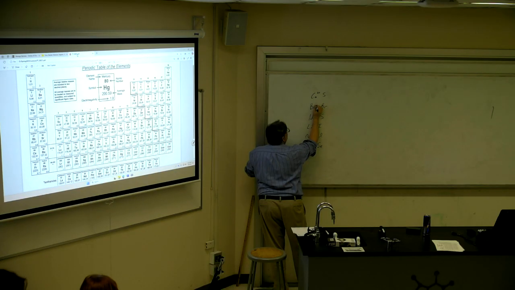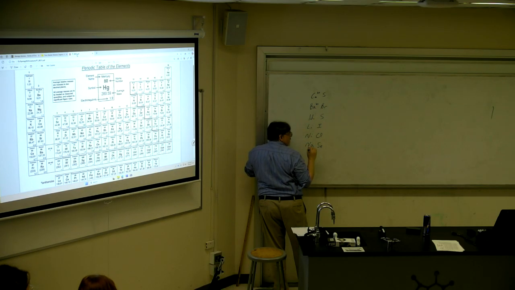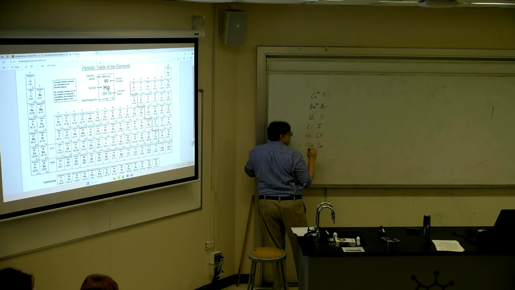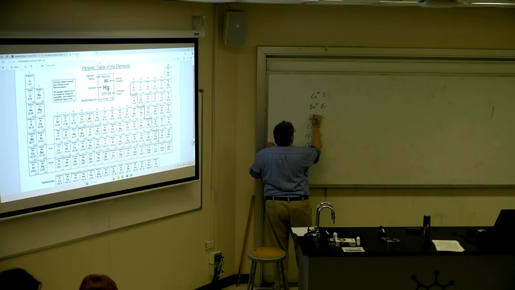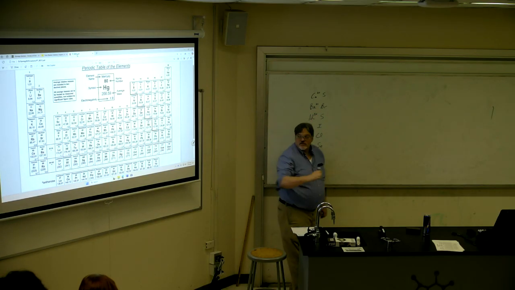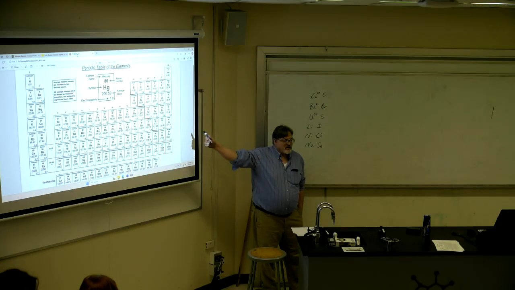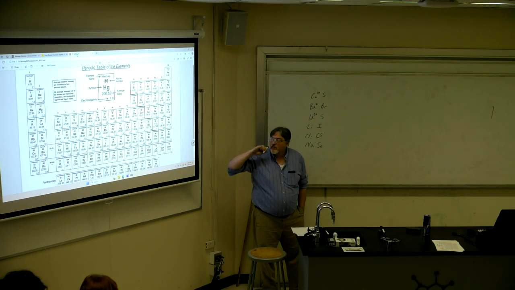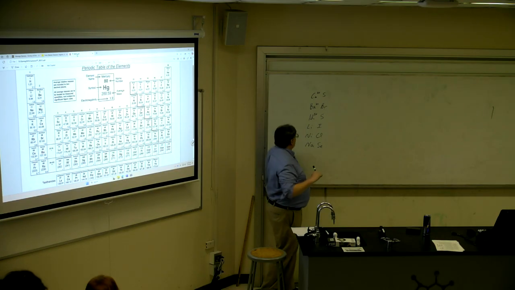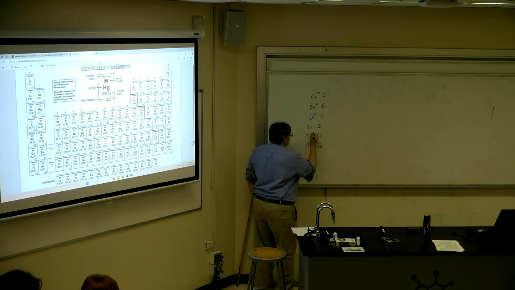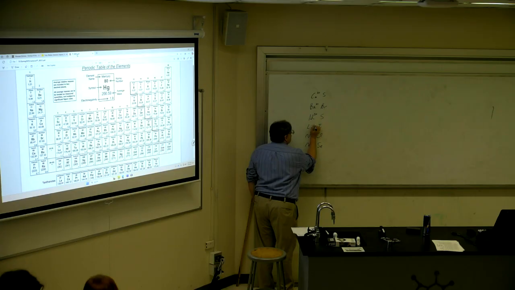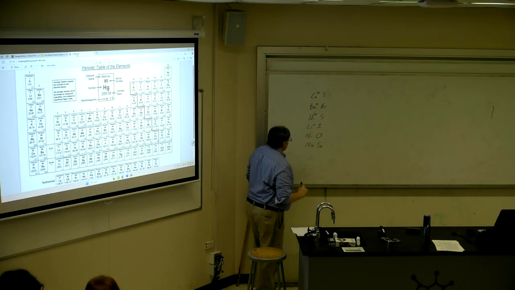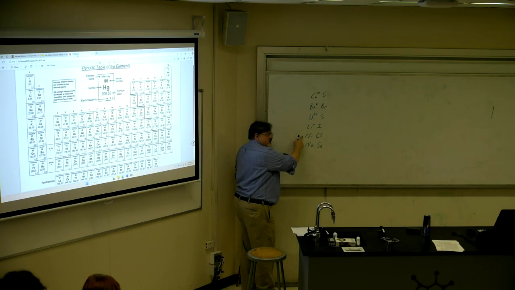What's the charge on calcium? 2 plus. Barium? Aluminum? 3 plus. Y'all can just look here and see that, right? That's a big cheat sheet, and you get one on every chemistry test, so don't miss how to do this.